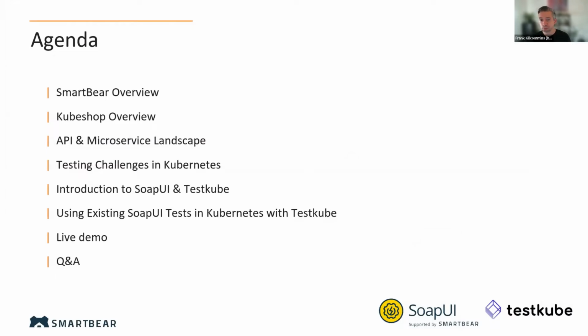And then hopefully we'll showcase to you the benefits of combining the power of SoapUI and Testkube to allow you to have successful testing of APIs within Kubernetes itself. And then we'll be delighted to give a live demo, and my co-speaker, Bruno, who I will introduce just now, will showcase some of the work that Testkube have done to build a plugin between Testkube and SoapUI.